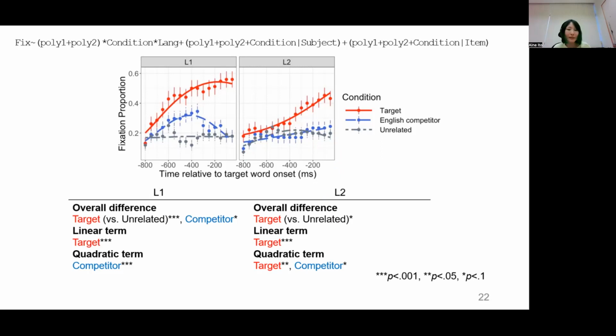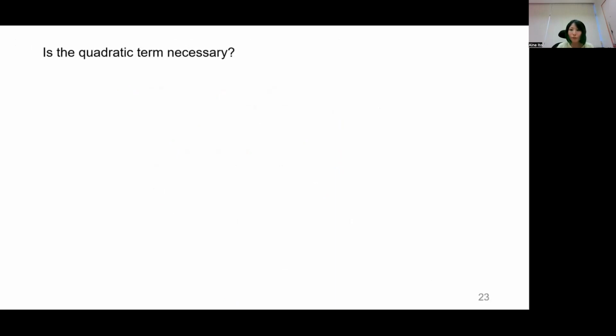Okay, so let's now check whether the quadratic term I included here was really necessary for this data set. To check this, what we can do is run a model without the quadratic term. So I removed the quadratic term from the previous model, so we now only have poly 1 in the model. Everything else was the same.